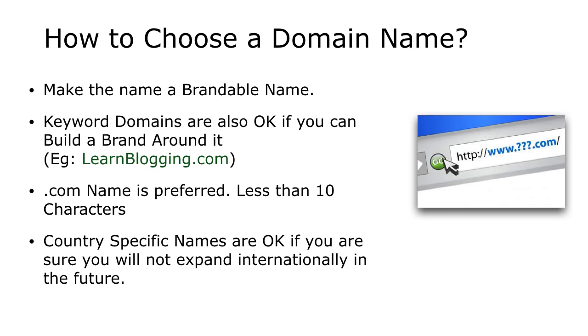For example, initially when I started a motorcycle blog called Bike Advice, I thought I would be blogging only about Indian motorcycles, and it was a .in domain name. But after a few years, when I wanted to start blogging about international motorcycles and the international motorcycle scene, the domain name kind of became a brand.